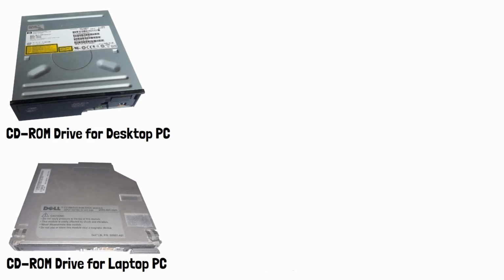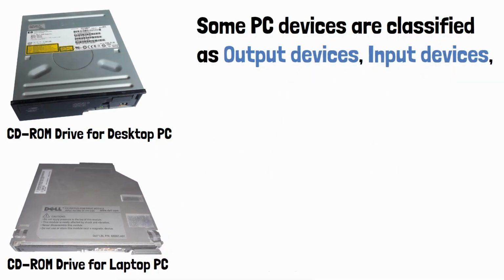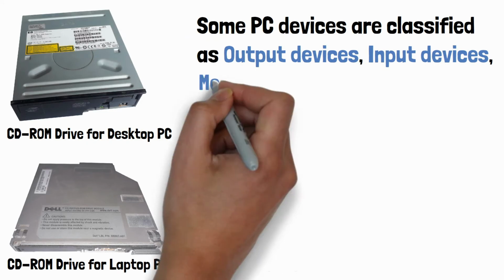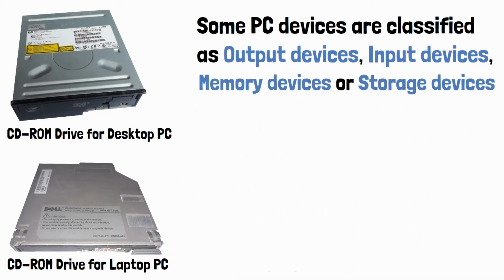Okay? Many devices in a computer are usually classified either as input or output devices. An input device is one with which you can input or write or transfer or save information into the PC, while an output device is one with which you can read or access or get or take information from the PC.